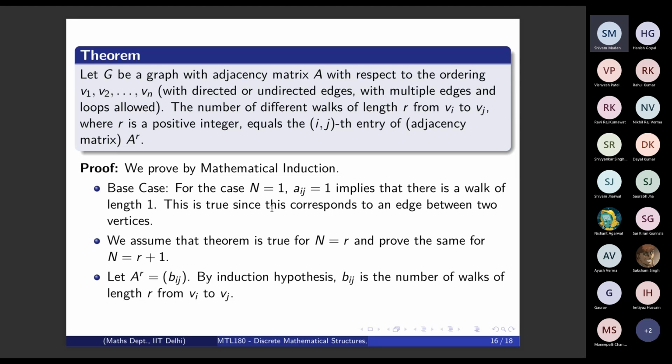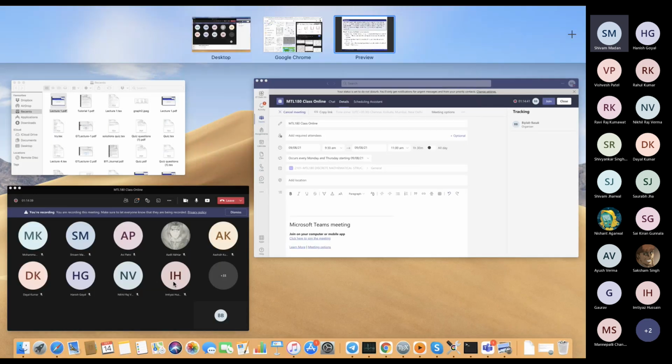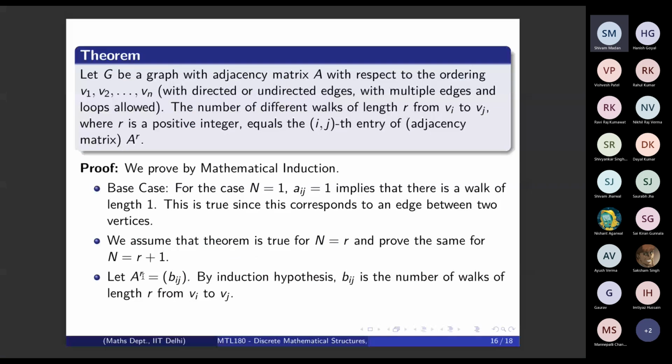Now we assume that the theorem is true for n equal to r, and we want to prove that it is true for n equal to r plus 1. So first of all, we take A to the power r equal to Bij. Bij means the entries of A to the power r.